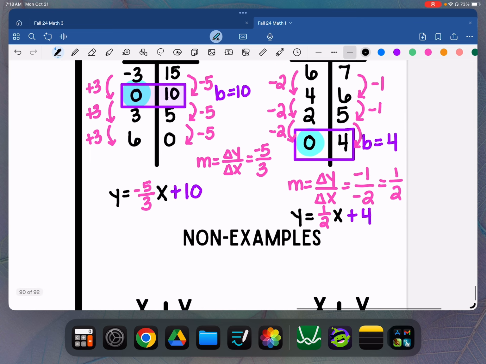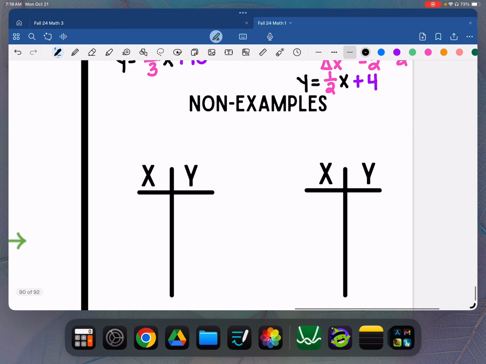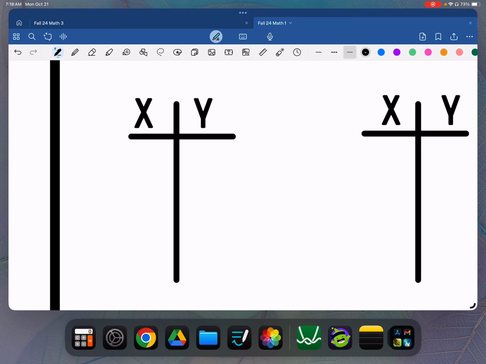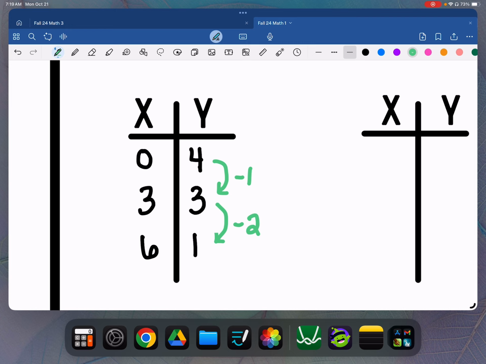Now, how do we know that we have non-examples of linear functions? Remember, non-linear functions will not be constant. I can still identify potentially my y-intercept, but if the numbers are not changing by a constant value, it's not linear. So when I look at this, I have 4 to 3 is -1, but 3 to 1 is -2.